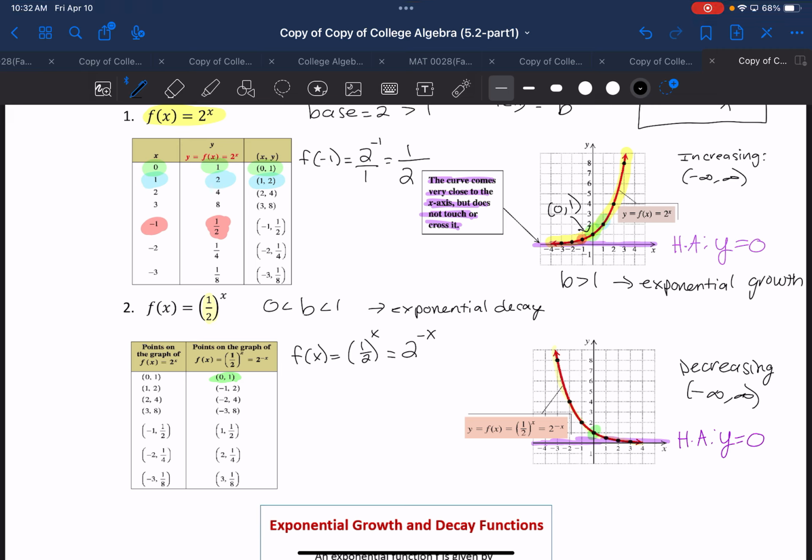Why is that the same? Well, this is the same thing as 1 to the x over 2 to the x, right? If I give both of those that exponent of x, 1 to the x is just 1. And this can be written as a negative exponent by bringing this to the top. So that's why this is equal to that.